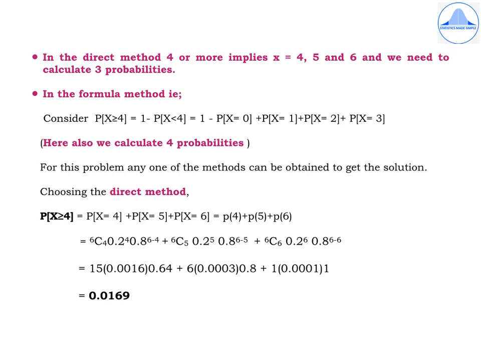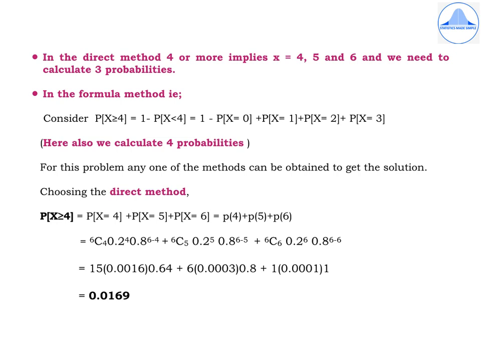So start with probability of x greater than or equal to 4, which will be equal to p of x equal to 4 plus p of x equal to 5 plus p of x equal to 6, which is equal to p of 4 plus p of 5 plus p of 6. Now all you have to do is, for p of 4, in the PMF wherever you have x, replace it by 4, and for p of 5, replace it by 5, and for p of 6, substitute x equal to 6.